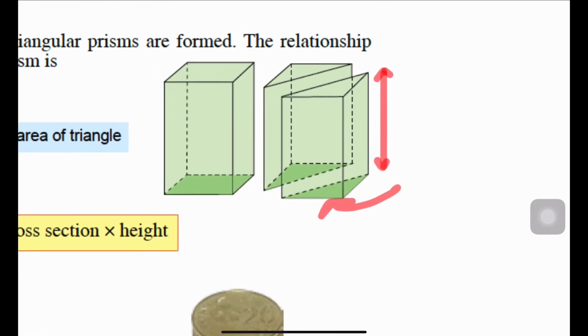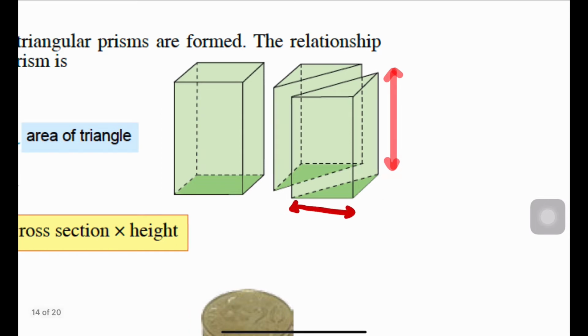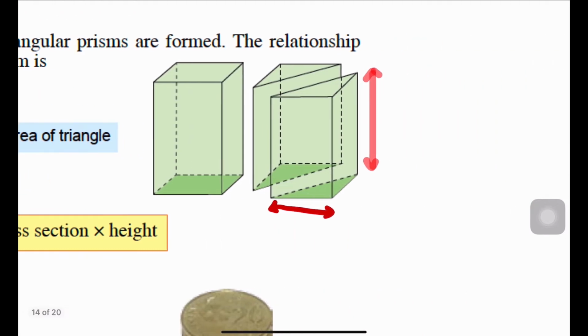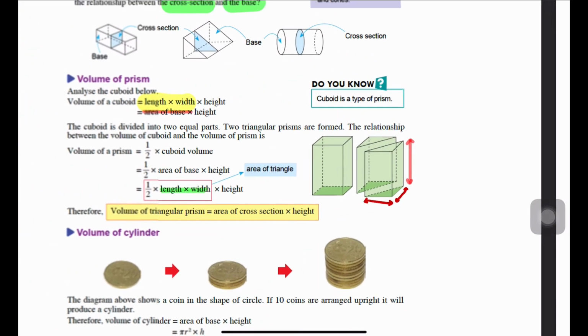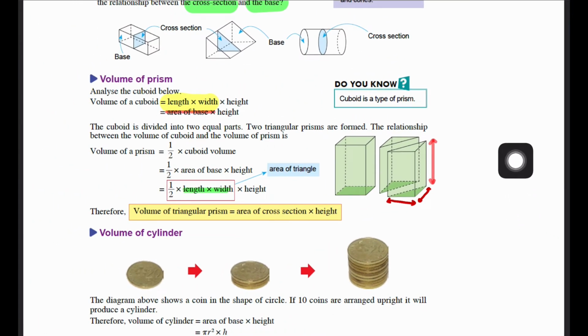Let me zoom in, it's actually like this. This is the length, and this is the width of the triangle base. That is why the formula for volume of prism is 1/2 times length times width times height.